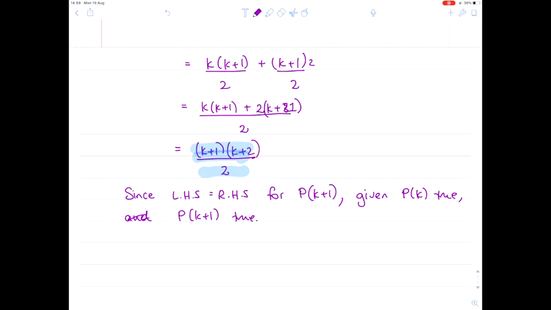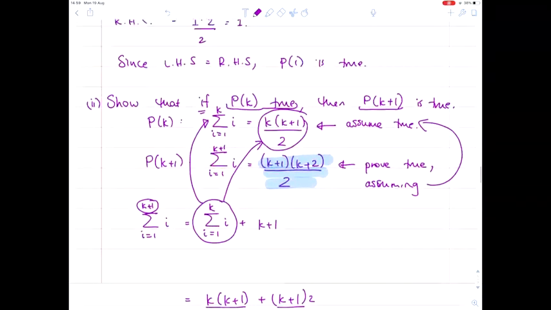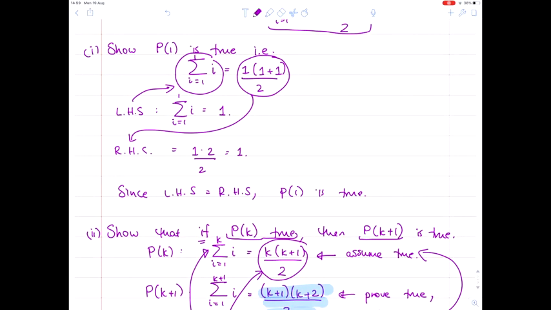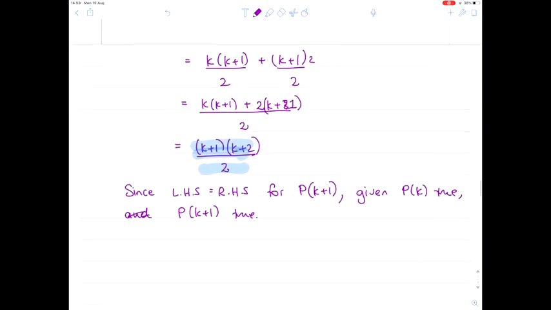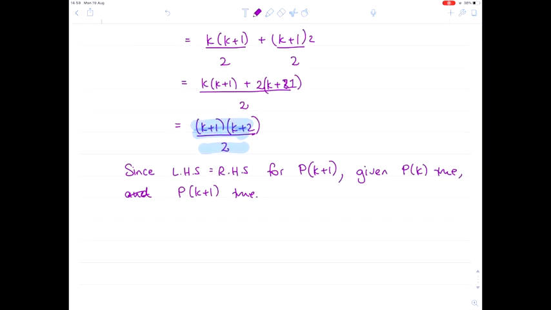So finally, combining these two things that we've done, our first step showing that the base case was true, and our second step showing that if Pk is true, then Pk plus 1 is true, we can conclude that Pn is true for any n bigger than our base case.